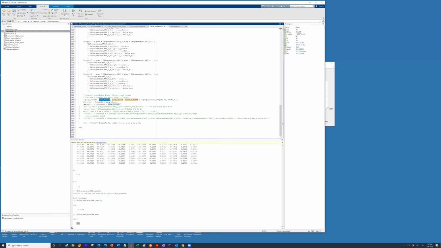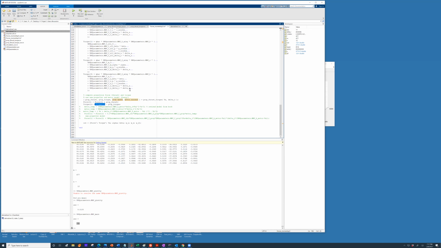And what you do is you add these forces to force 1 and torque 1. So the force in the x direction gets added with the thrust from the prop, and for the moment in the x direction, you subtract the prop torque from the moment in the x direction.